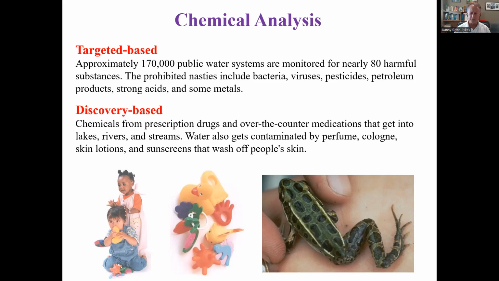And so there's a real difference. And we'll show a figure a little bit later on as well, that we're setting up our sample preparative methods and our instrumental methods for either targeted based analysis or discovery based analysis. And there's not a lot of overlap. Okay, so if you're set up for targeted, you could miss chemicals that are there that would be important to you if you knew that they were there, but you're not looking for them.